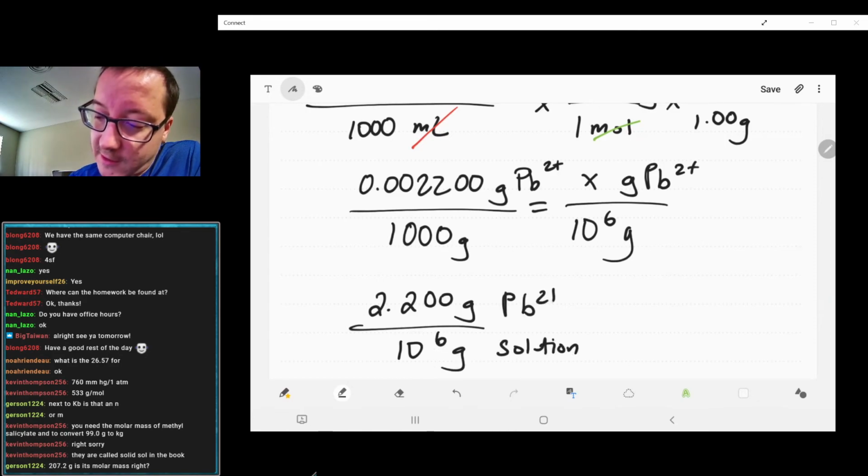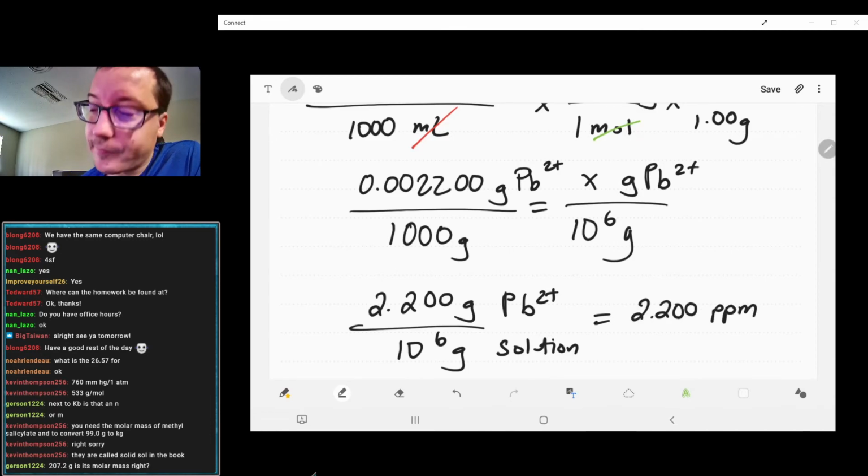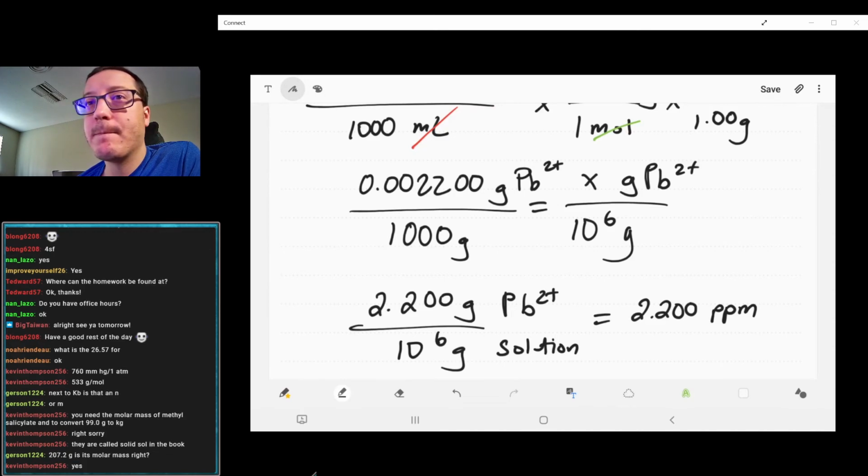And if you were a good chemist, unlike me, you would make sure to label what bits you have of each one. And so that would be 2.2 ppm. Did I do the math right, Kevin? Should we just multiply by 1,000, right? Keeping our 4 sig figs. So, this would be the ppm value for this particular solution.